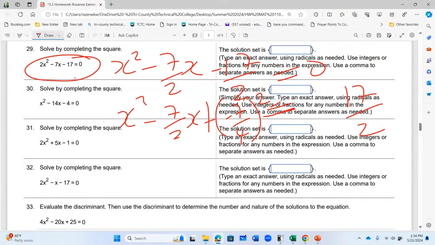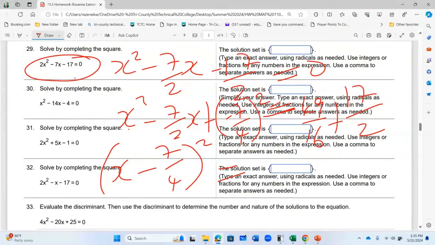Okay. And then I will open a parenthesis on the left hand side, taking 1 of each pair of the squares. And then find the lowest common denominator on the right.